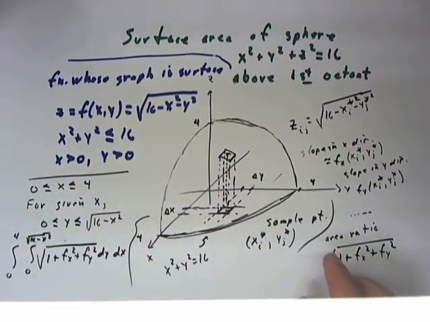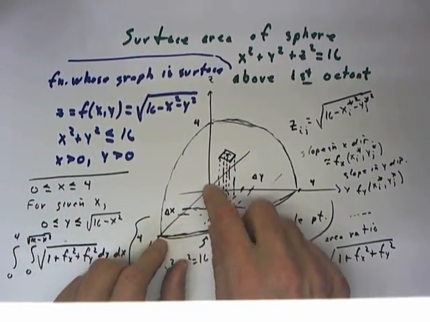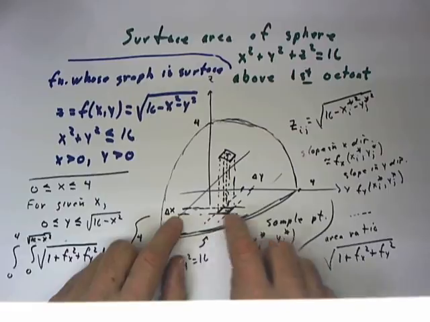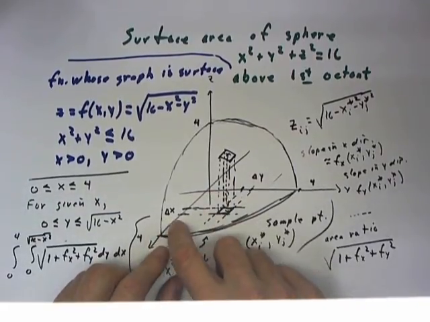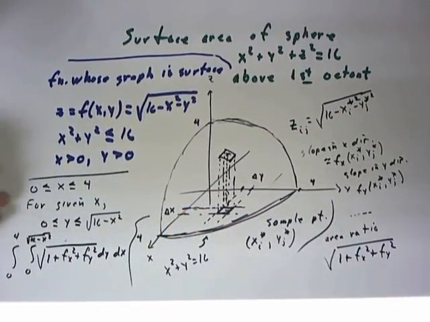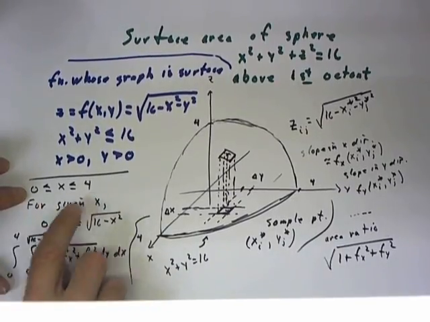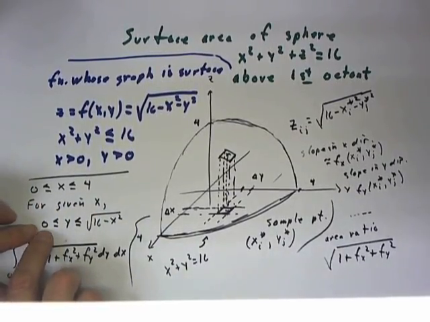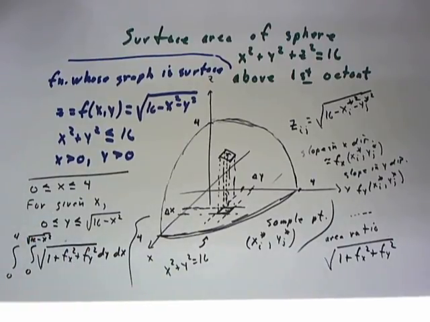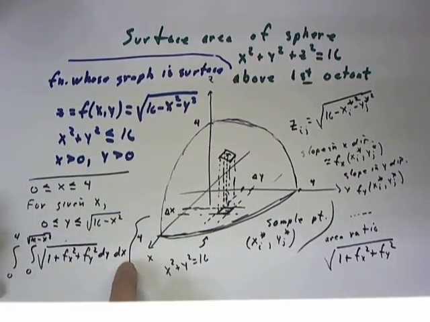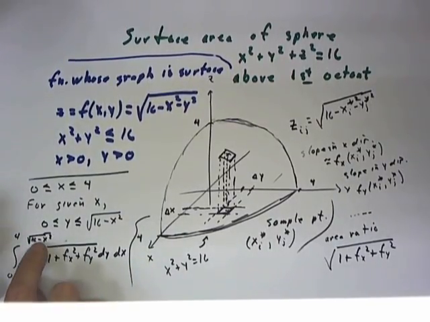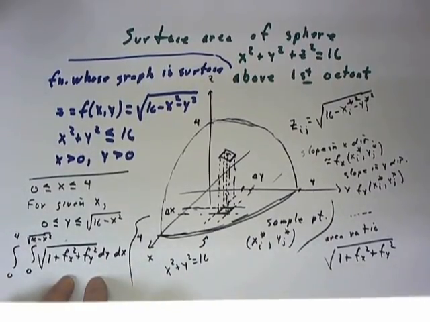This, and our consideration of the partition, how the y limits are dictated by the value of x, gives us this description of the region, x going from 0 to 4, y going from 0 to the square root of 16 minus x squared, leading us to the integral you see here, integral from 0 to 4 with respect to x, 0 to the square root of 16 minus x squared with respect to y of this area ratio.